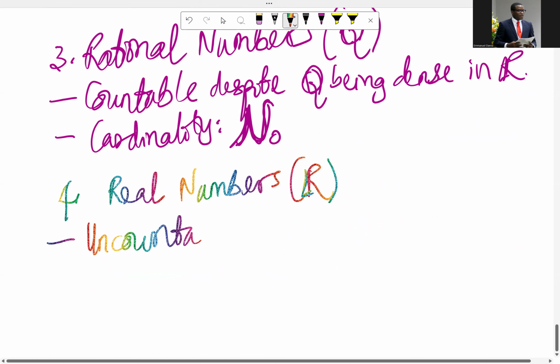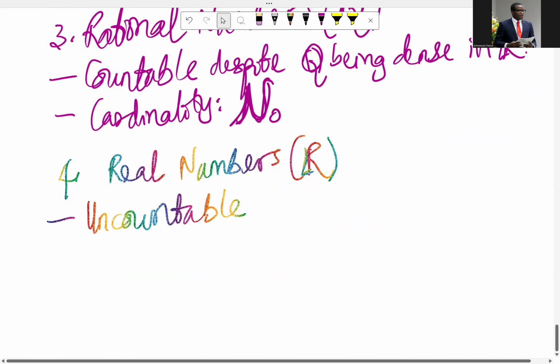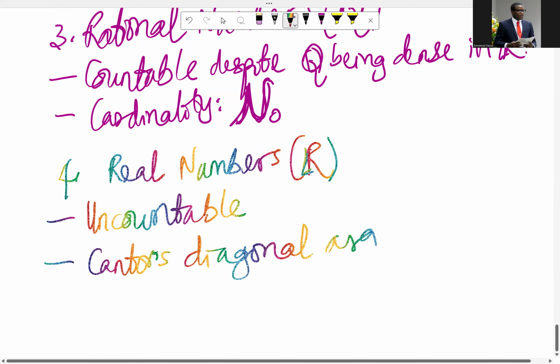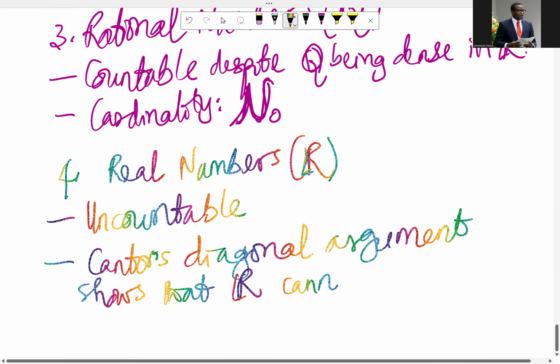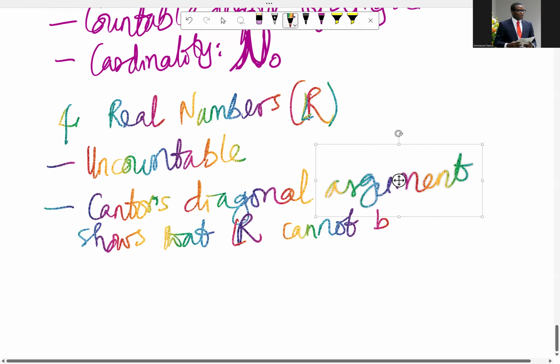Cantor's diagonal argument shows that R cannot be listed in a sequence.